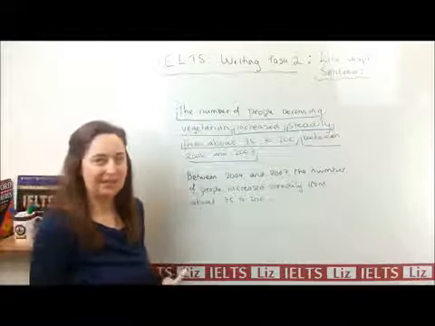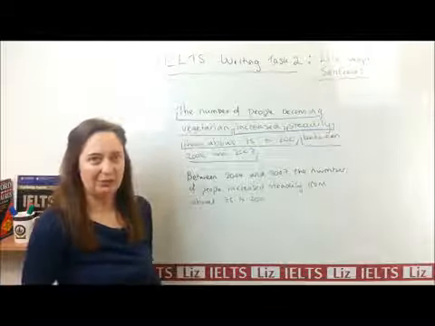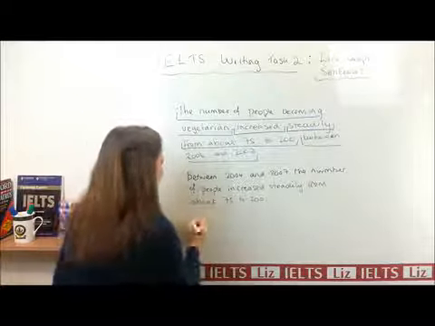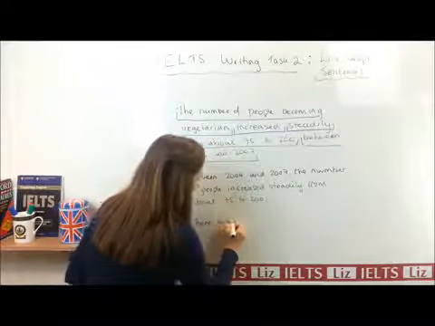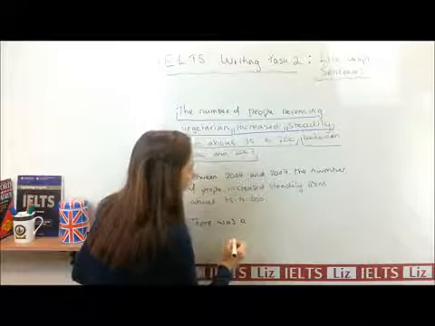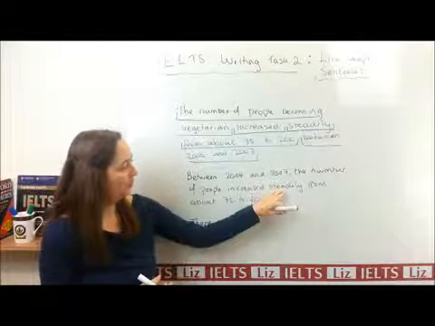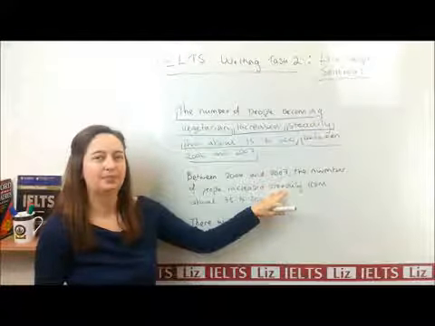To do that, we need to start with there was an increase. We always start with there was, if it's past tense, of course. So there was, and let's stop for a minute, because here we've got the word steadily, which is an adverb.